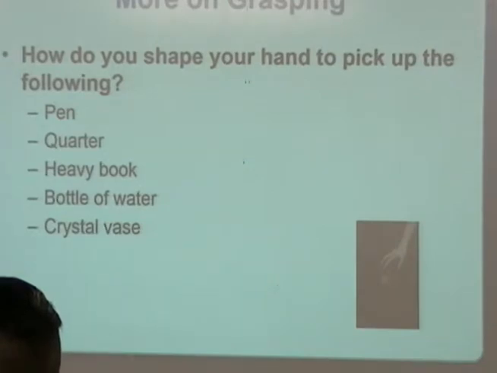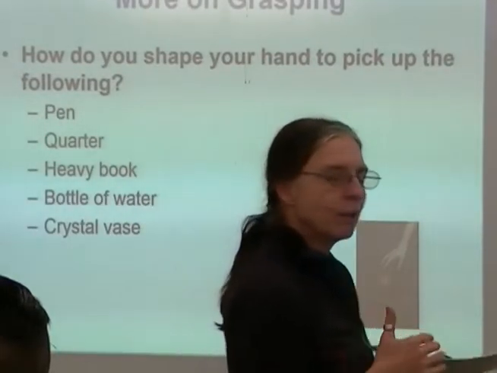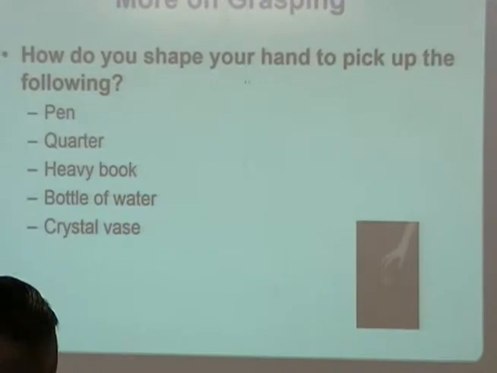But if we filmed you doing that, in order to pick something up, your hand has to be the right shape. So when you're on the playground, what shape is your hand when you pick up the ball to throw at the target? Right? What shape is your hand when you reach into the bucket to get out some jingle bells? What shape is your hand when you pick your phone up or when you pick your pencil up to write some notes? Right? What are you doing that your brain has learned to do?